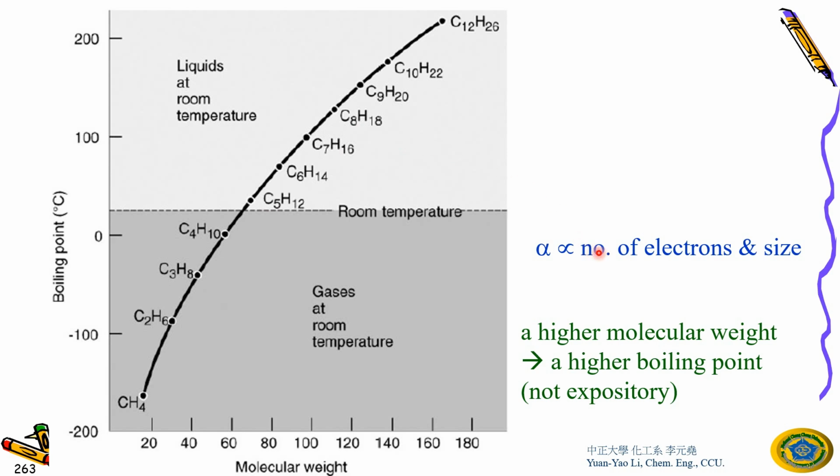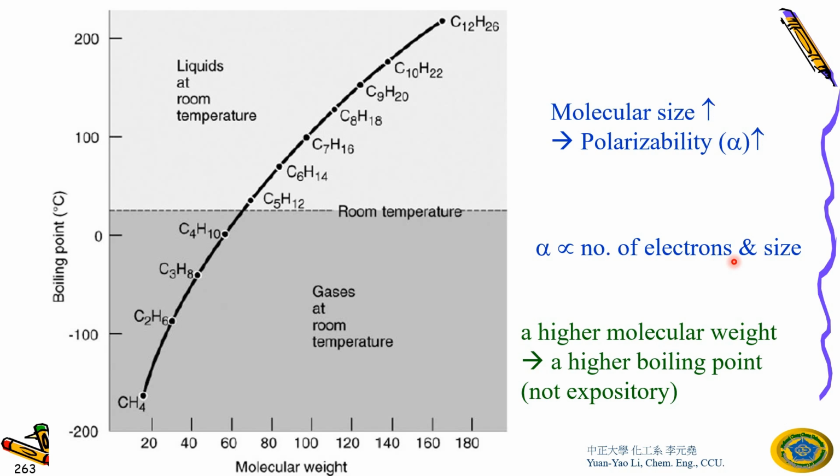Okay, because polarizability is related to the electrons and size. Remember, electrons and size. A bigger size makes it easier, but this is not the only factor we need to consider, but also the number of electrons. So if you have a greater molecular size, that means your polarizability is high.